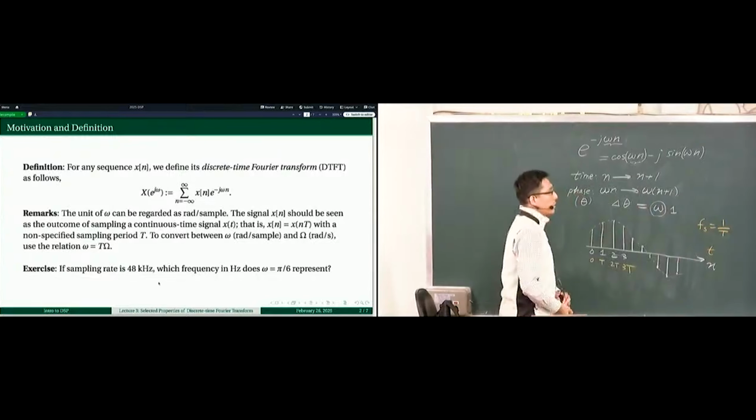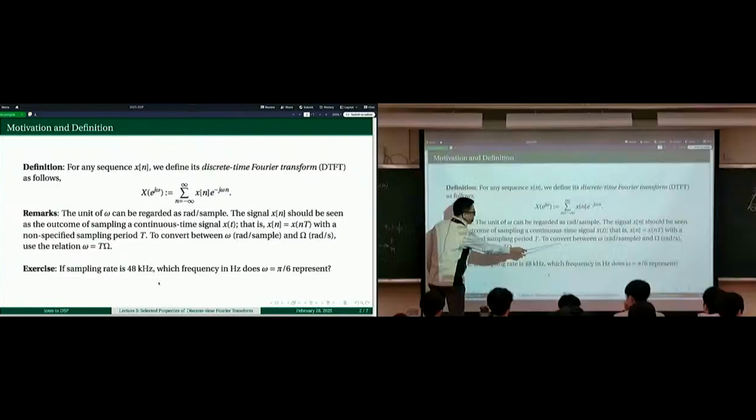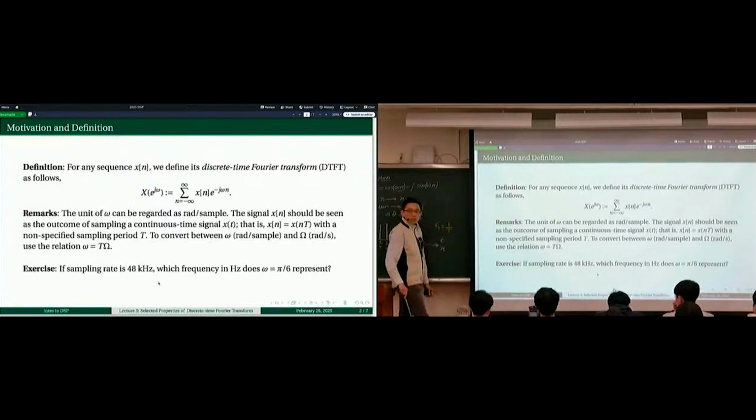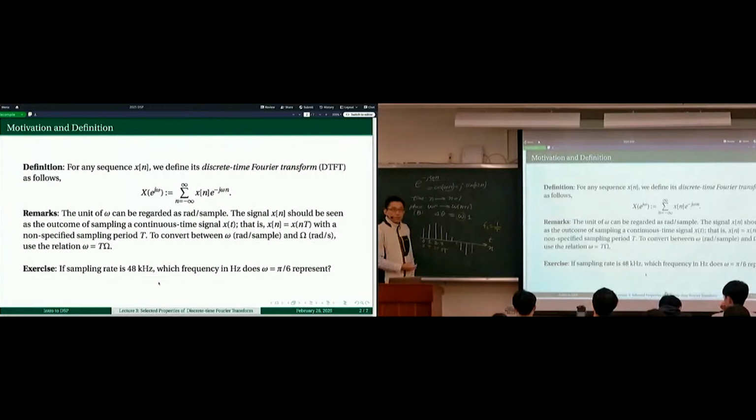So now, quickly, you can check how to convert between small omega and big omega. There is this relation. Small omega tells us how much phase is accumulated by 1 sample, right? Big omega, what does it tell us? Big omega tells us how much phase is accumulated by 1 second. It's 2 pi times frequency. That's big omega, right?